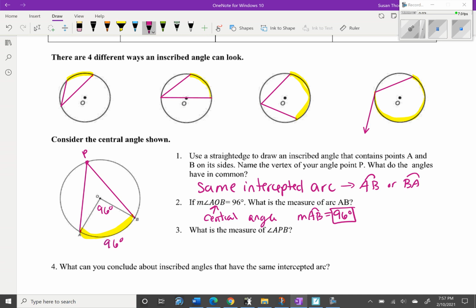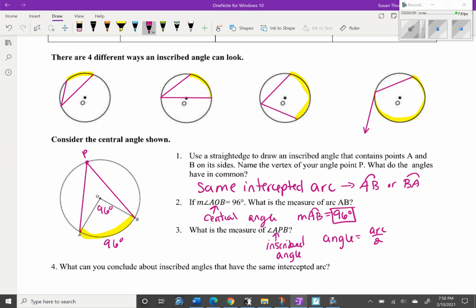And the next question is asking us, what is the measure of angle APB? So remember we said for APB, that's the inscribed angle. And so the angle is equal to the arc divided by 2.